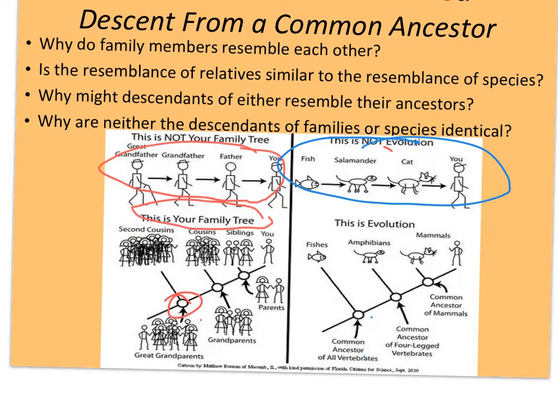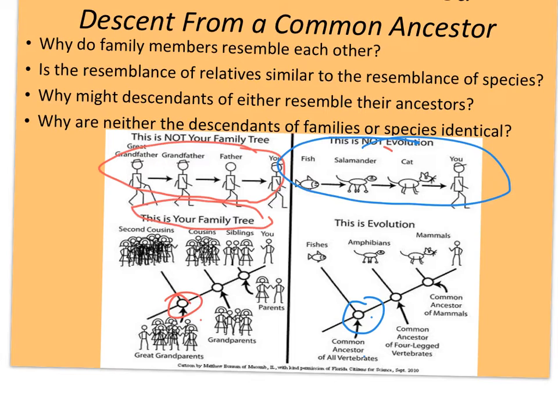A fish and a salamander shared a most recent common ancestor. And this common ancestor was here. And then there was a splitting of a lineage, and you ended up with a fish-like individual, or many different fish-like individuals. And you also ended up with the first tetrapods. That means vertebrates with 4 limbs.